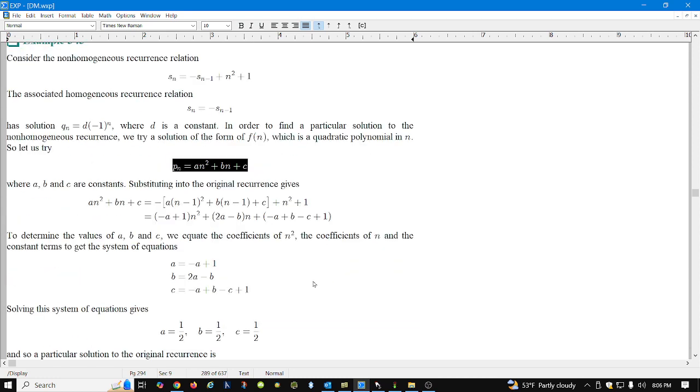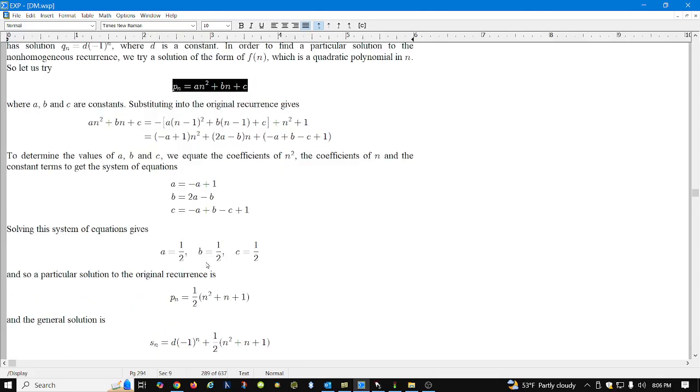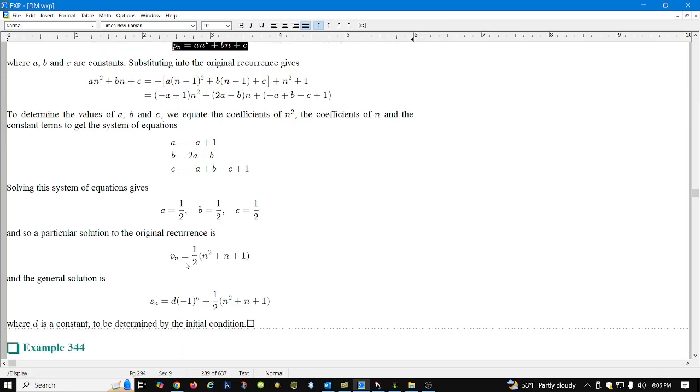We have to determine A, B, and C, and so we substitute into the non-homogeneous recurrence. We get all of this stuff, equating coefficients of n squared and of n and the constant terms, 3 equations in 3 unknowns. Here's the solution. Here is the particular solution to the recurrence. The general solution looks like this.